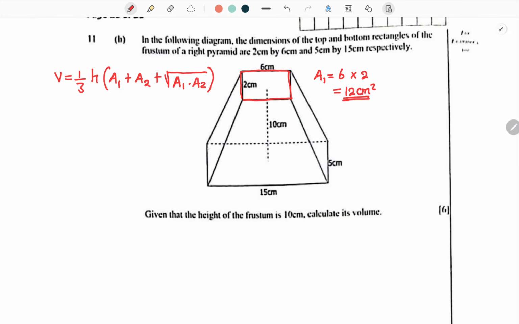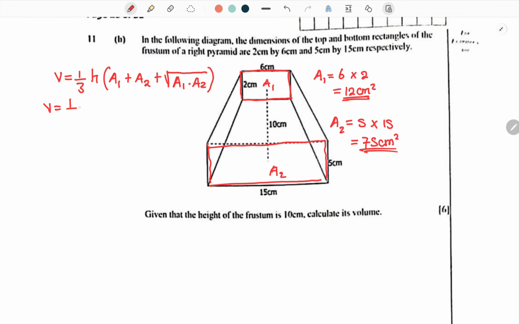Then you come here, you have this rectangle. You also find its area, which is going to be area 2. This is area 1. So you can say area 2 is going to equal 5 multiplied by 15, which is going to give you 75 centimeters squared. Now we can venture into our formula.